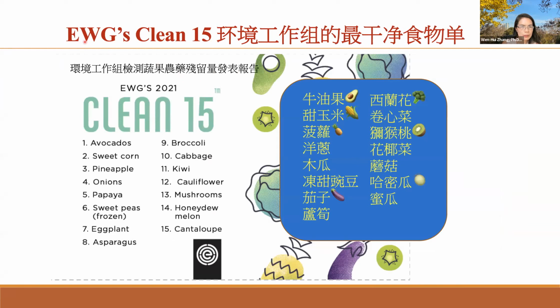The Environmental Working Group comes up with the Clean 15 and Dirty 12 every year. This is for 2021.